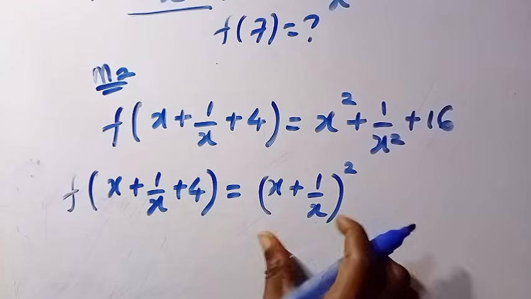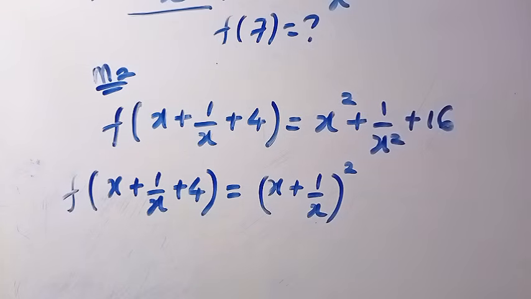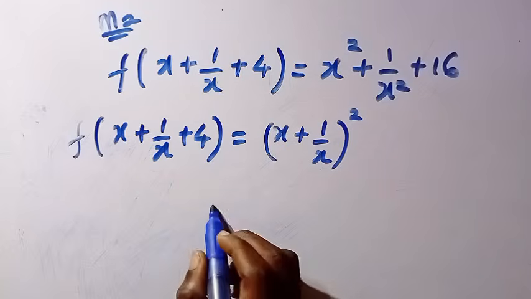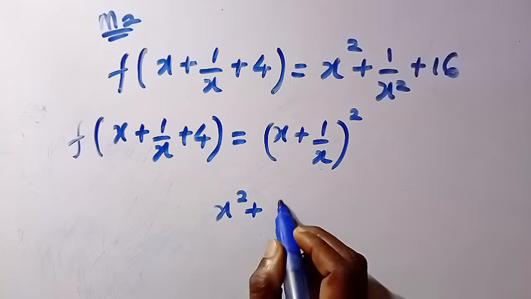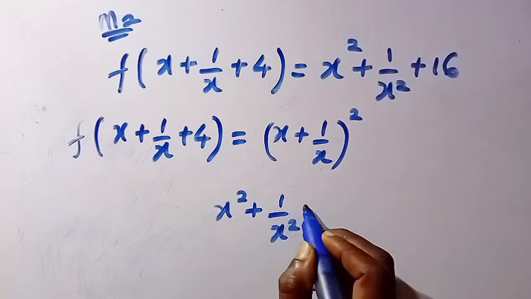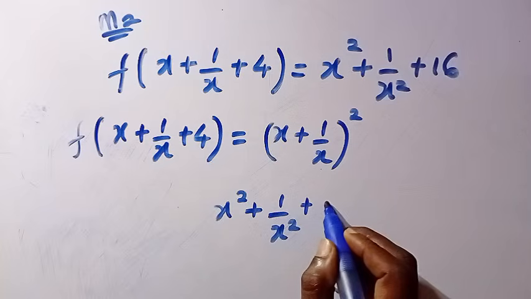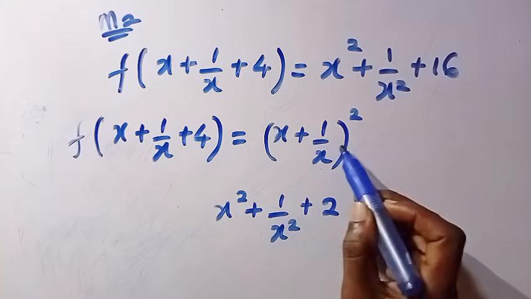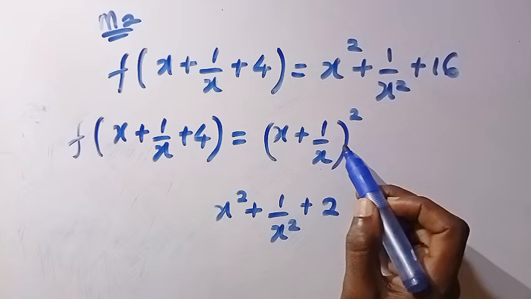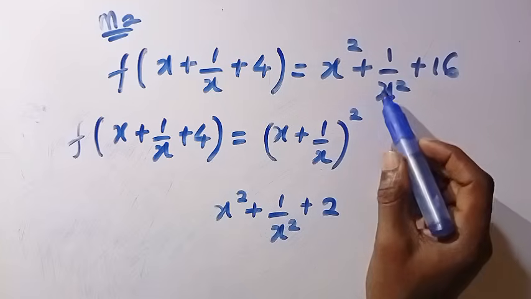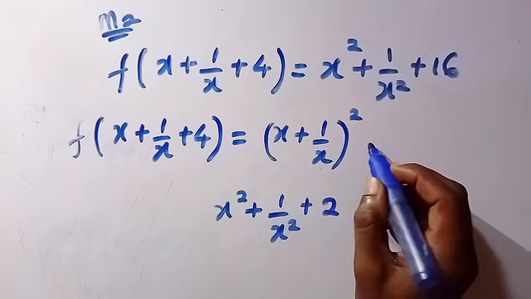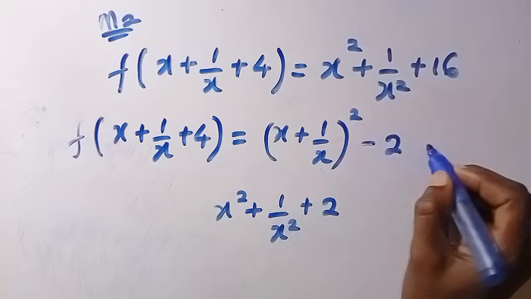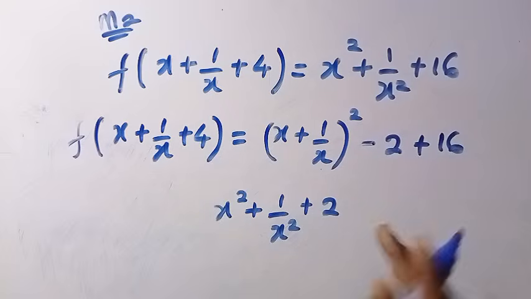By expanding this, we get x squared plus 1 over x squared plus 2. So we have to subtract that 2 so that we can get x squared plus 1 over x squared. So taking out 2 from here, then plus 16.